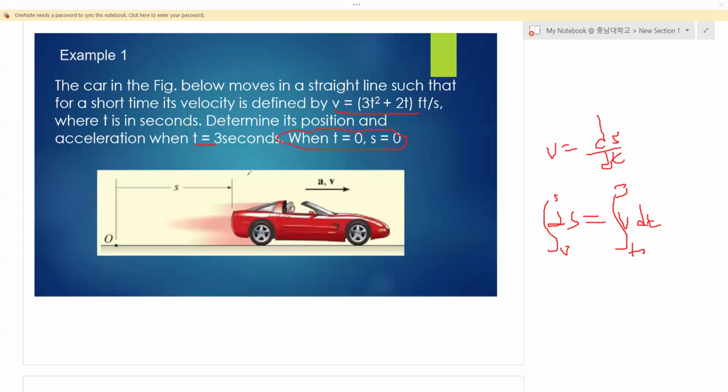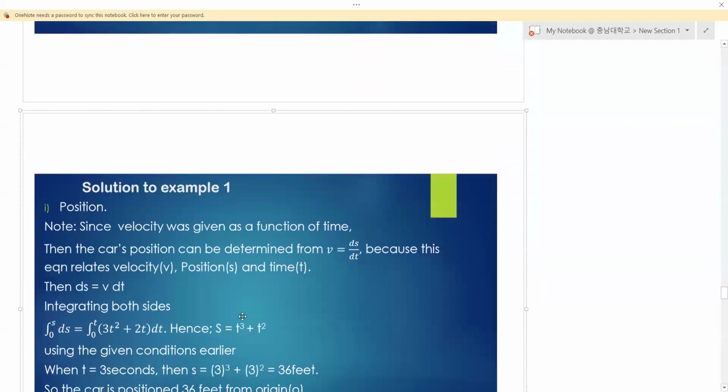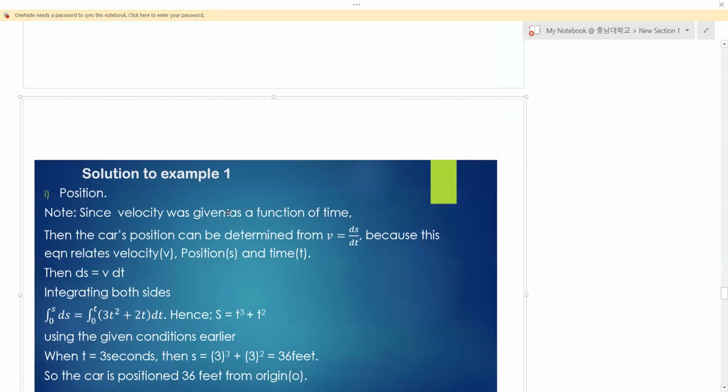Anyhow, let's dive into what is already calculated for you. First of all, we need to find the position. Since the velocity was given as a function of time, the car's position can be determined from what I have been showing you, which is v equal to ds dt, because this equation relates velocity, position and time.